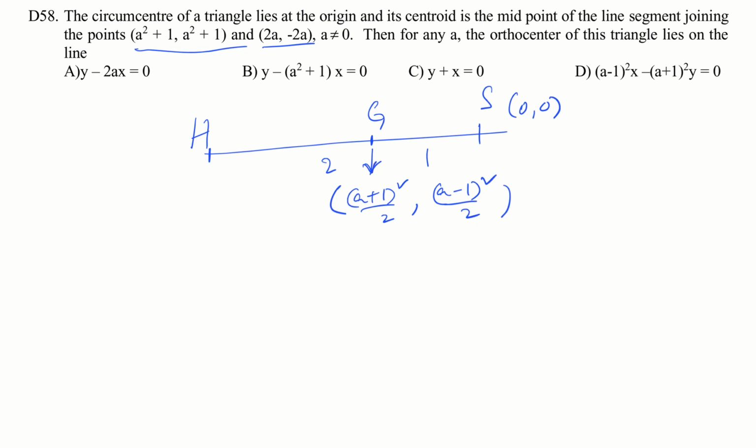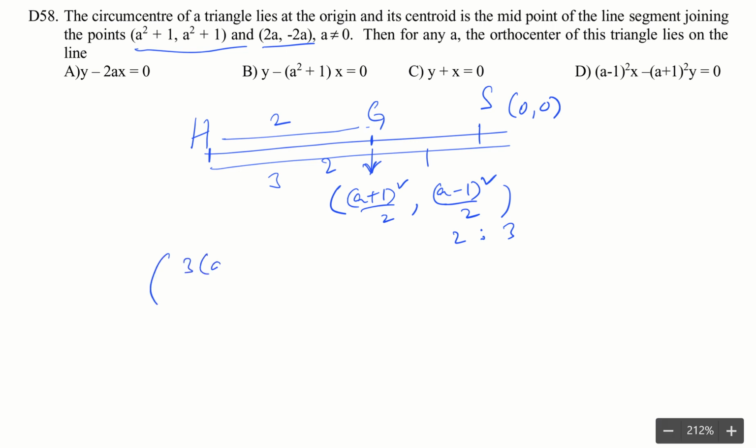Now you can see that the orthocenter from here to here, if it is 2, and then from here to here it is 3. It is dividing GS in the ratio 2:3 externally. So you simply apply the ratio, you will be getting it as 3 times (a plus 1) whole square by 2 by 2 minus 3, comma 3 minus 3 times (a minus 1) whole square by 2.